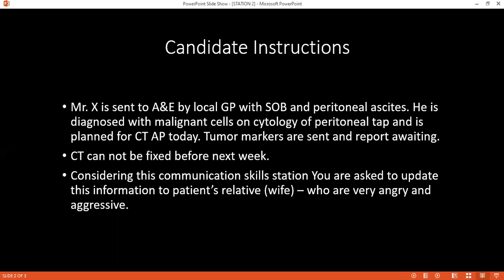Sometimes in these conditions, surgery is not an option, and other options like radiotherapy, chemotherapy, and others are tried. How long does he have, doctor? I'm sorry, it's a very difficult question. I don't have an answer for that.